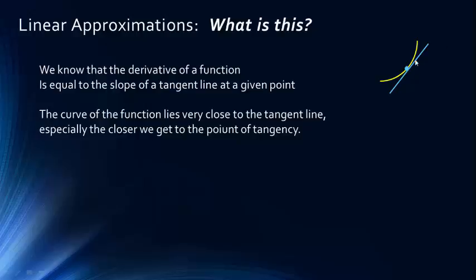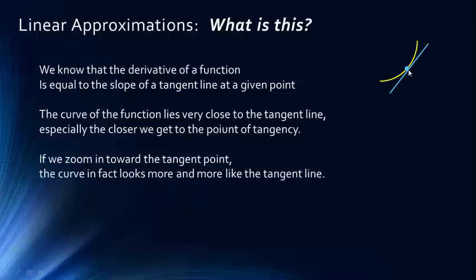We can even see that here, that the closer we get to the point, the closer the two graphs are becoming to each other where they actually intersect at the tangent point. If we zoom in toward the tangent point, if we made this graph larger and larger and we're closing in on the tangent point, then actually the graph of the curve, the yellow graph, would also look like a straight line the closer we got to it.